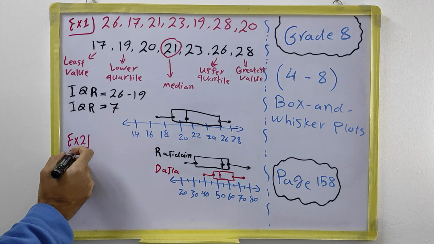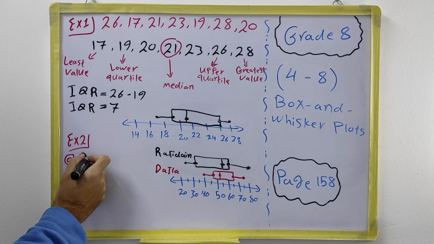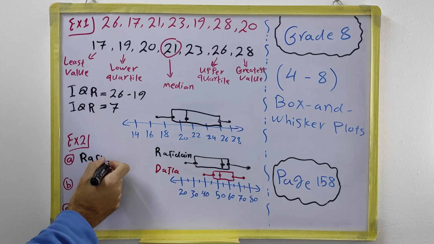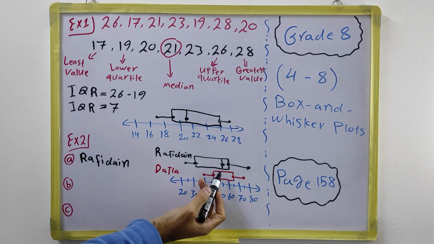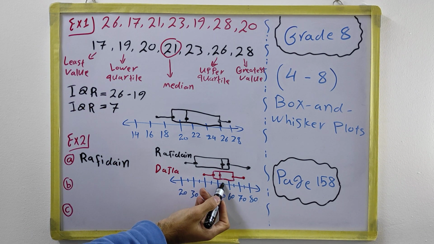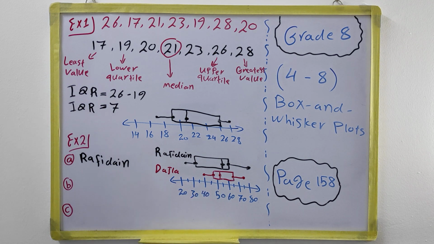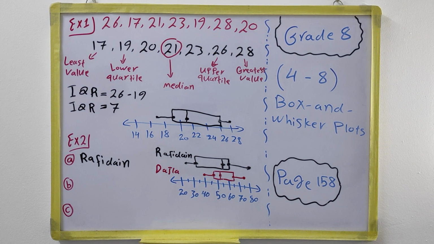So Rafidin, from the charters, has a greater median. This median is about 55, this median is about 52. B asks which of the charters has a greater interquartile range.